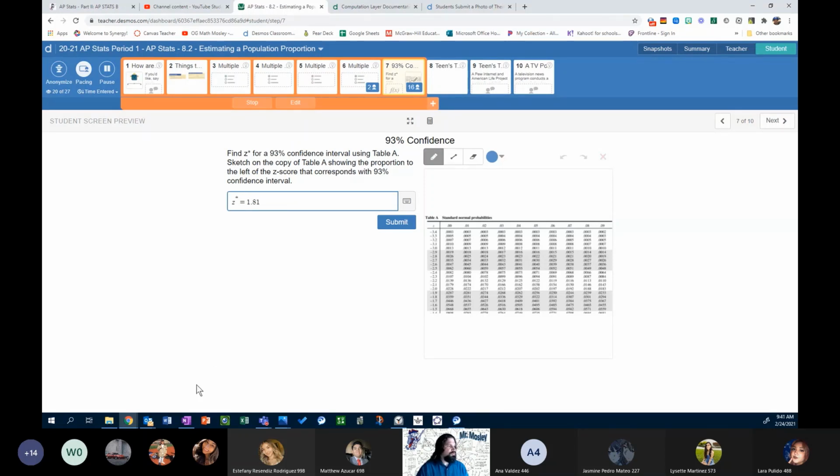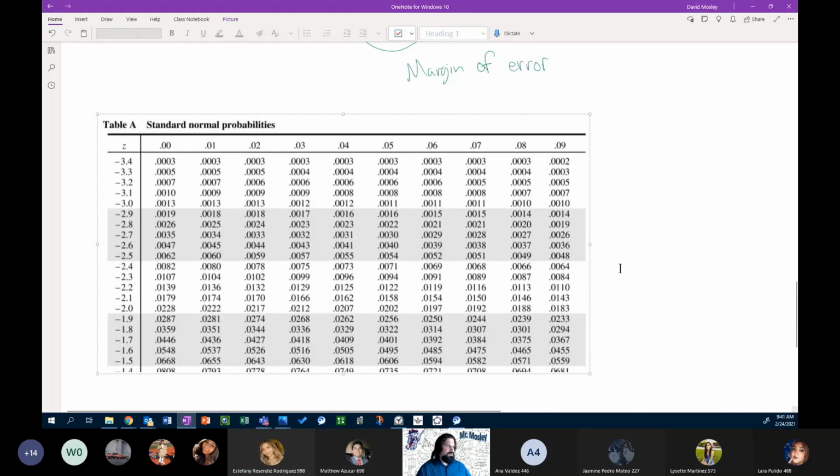Okay, we find this using Table A and a couple other things. We have 93% confidence, right?